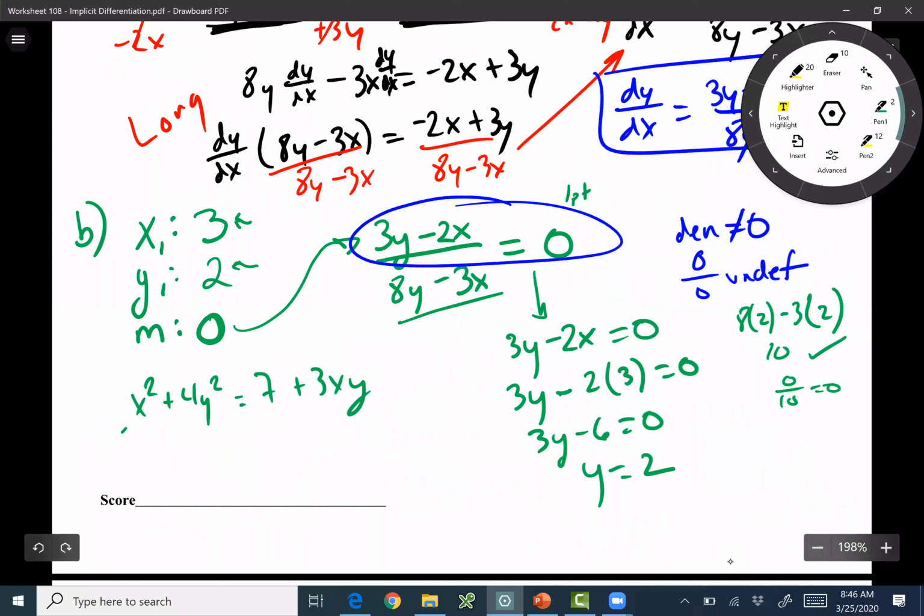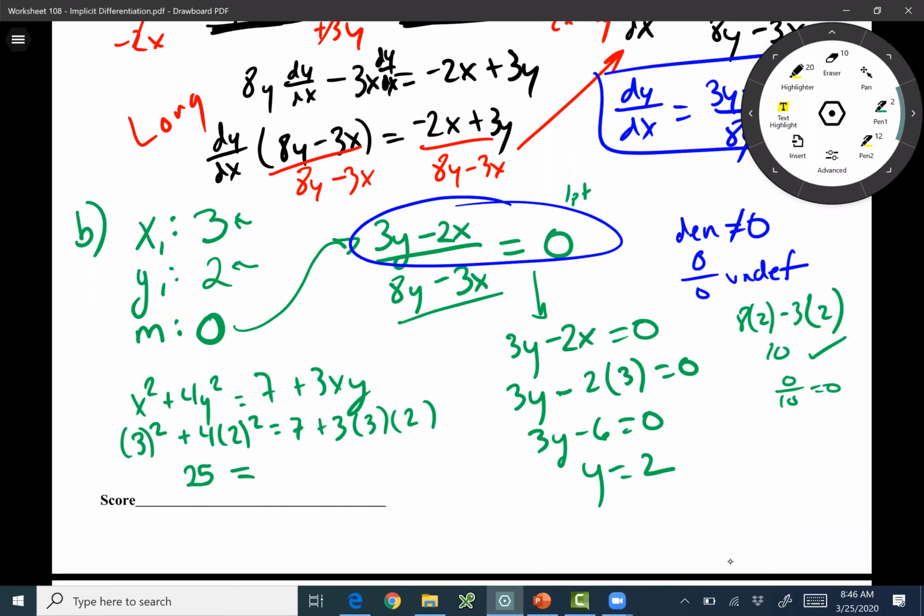And so just showing, hey, we have 3 squared plus 4 times 2 squared equals 7 plus 3 times 3 times 2. That's 9 plus 4 times 4 is 16. So 9 plus 16 is 25 equals, and then 7 plus 18. 7 plus 18 is 25. So yes, (3, 2) lies on the curve.